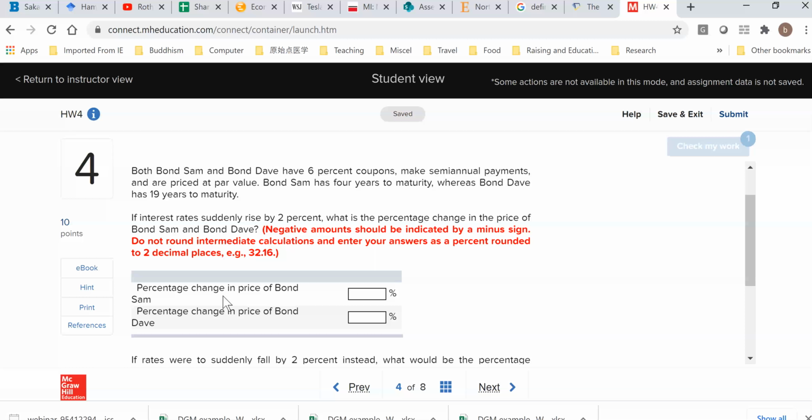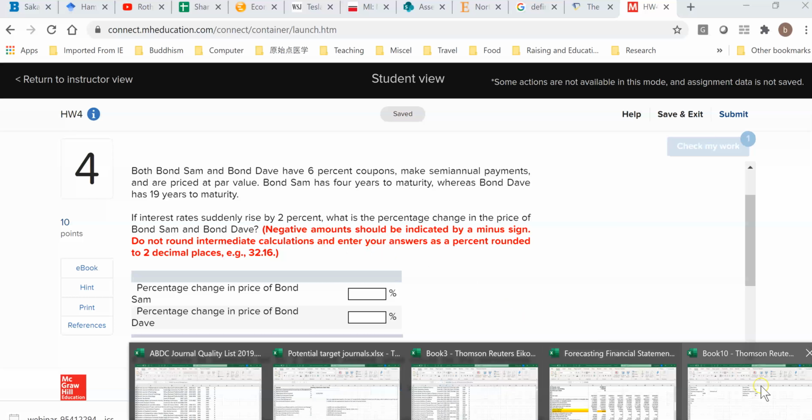From that, we should expect that the 19-year bond's price will change more dramatically as compared with the 4-year bond, even without calculation. So this exercise can make that intuition more concrete. With that understanding, let's turn to the calculation.